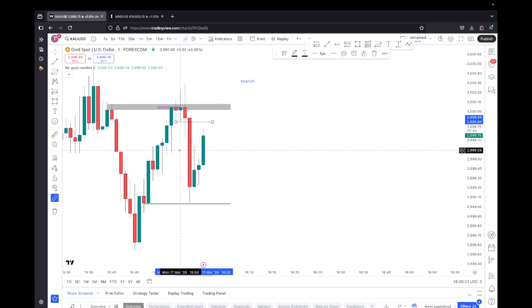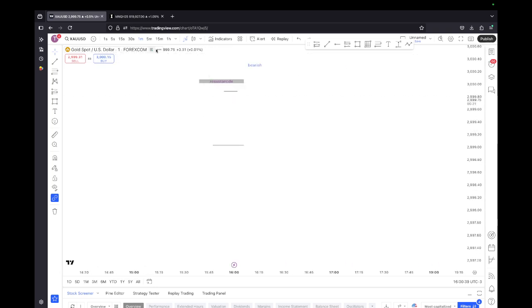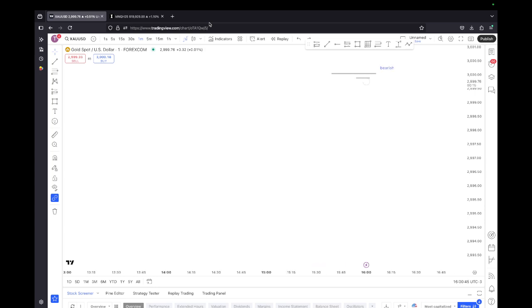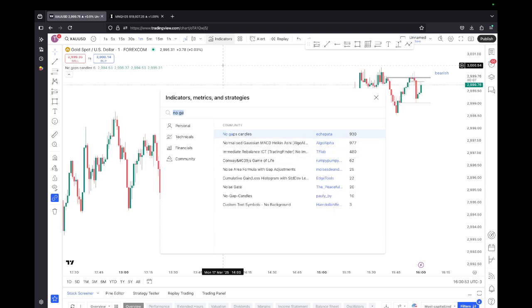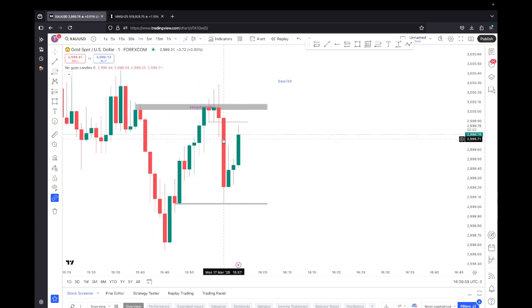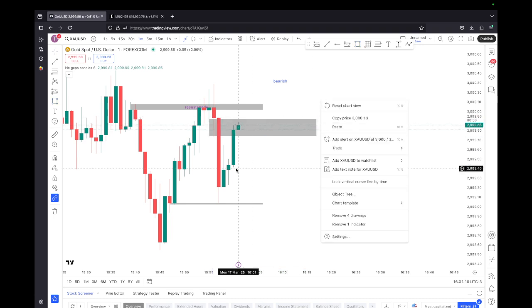We can see that market, what just happened? Oh my days. Control Z, Z, Z, Z. Yeah, I don't know what just happened. There we go. Perfect. We can see the market reacting off of this zone here. I don't like what this is doing, to be honest.